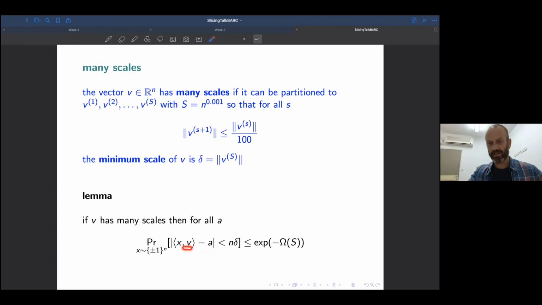If V is the parameter of the normal of the hyperplane, and A is the threshold, the probability that X is near the hyperplane is tiny. It's not close by any sense to the hyperplane. Okay, so this is the first part in this head.